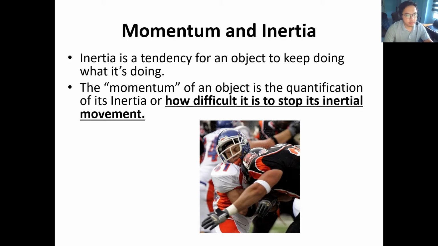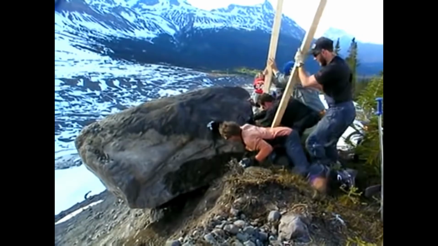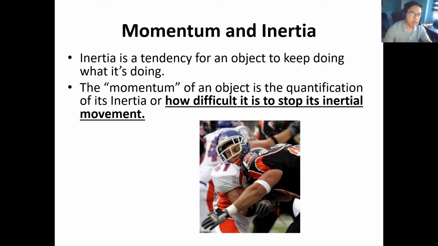The momentum of an object is the quantification of inertia. An object with a large inertia tends to have a lot of momentum. That means once it's moving, it's hard to stop, or in order to make it move, you need a lot of effort. So inertia and momentum are related to each other.